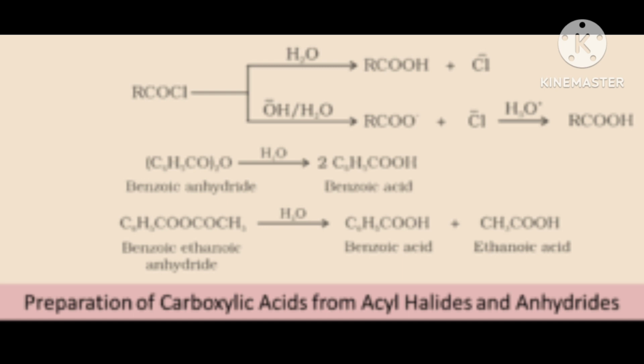Now the next preparation I am telling you is from ester. You know the ester formula, RCOOR. Both R may be the same or different. But just to understand, take different R: one side, suppose, is a phenyl group, and the other R is an ethyl group.